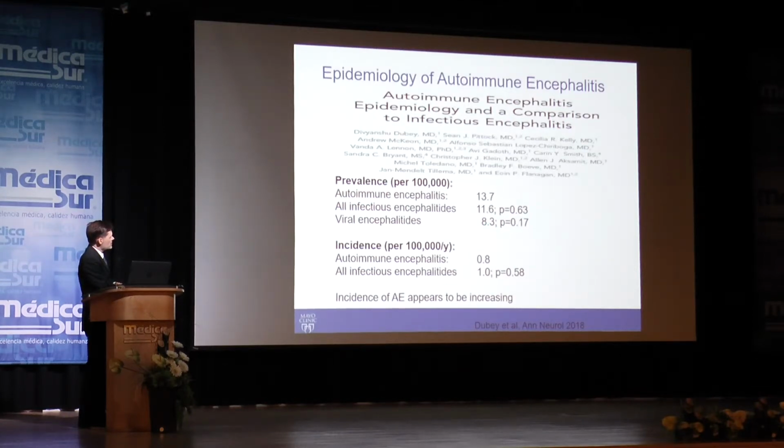And the incidence is again, not statistically significant. The incidence of autoimmune encephalitis, or at least the level of detection, appears to be increasing. So it will be quite intriguing to see what happens over time, because I often have patients tell me that they've read how the incidence of autoimmune diseases is increasing, and it might be, and this type of study is something that could help test that hypothesis.